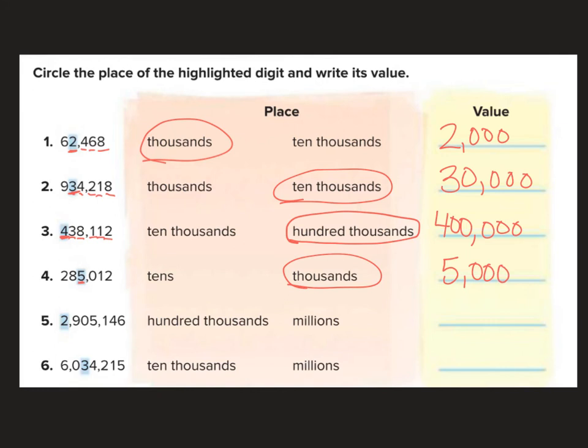Now look at this one. This 2 is in the millions place. So we have ones, tens, hundreds, thousands, 10,000s, 100,000s, millions. So that's worth 2 million. Now, what would be the next place value after the millions place? 10 millions. And then guess what?